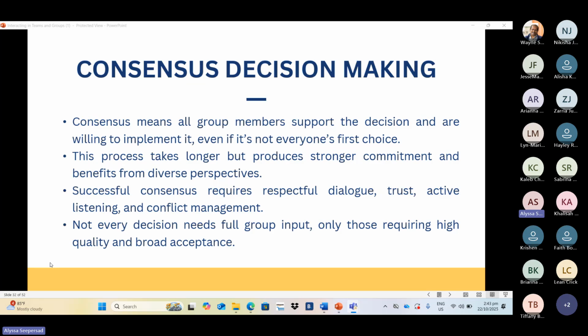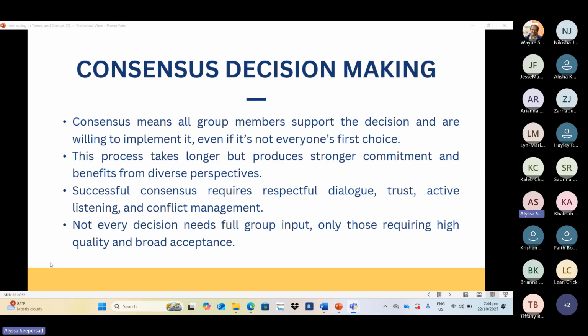Consensus means all group members support the decision and are willing to implement it, even if it's not everyone's first choice. This process takes longer but produces stronger commitment and benefits from diverse perspectives. Successful consensus requires respectful dialogue, trust, active listening, and conflict management.